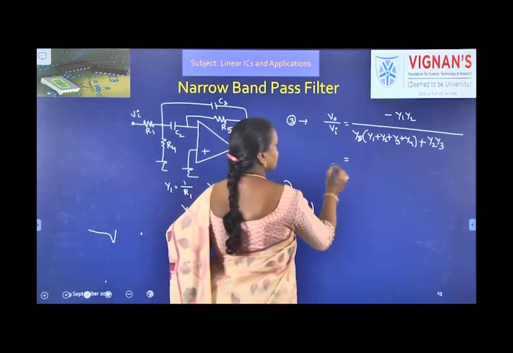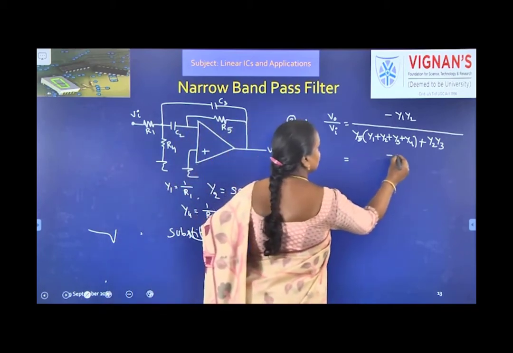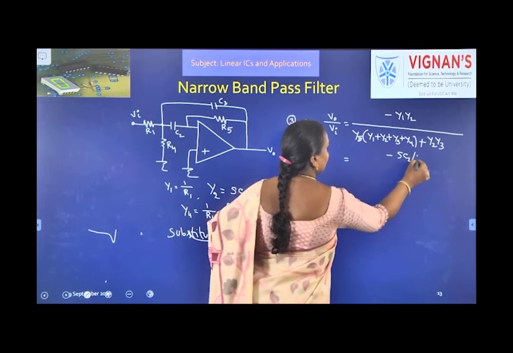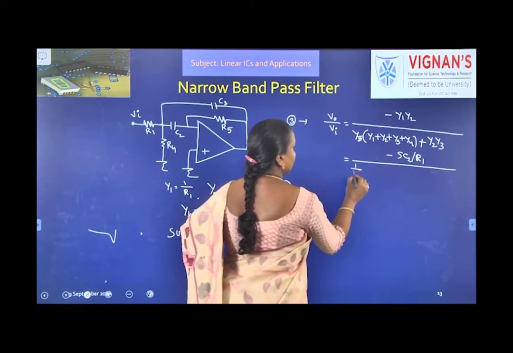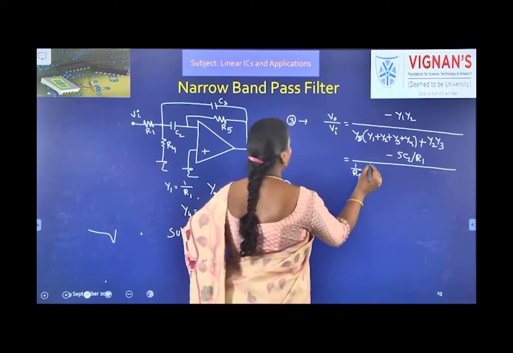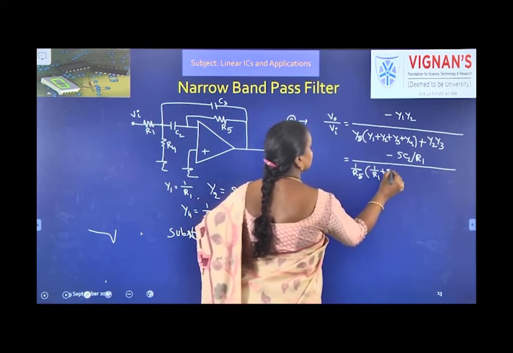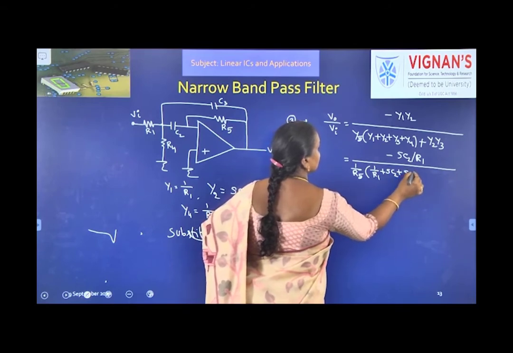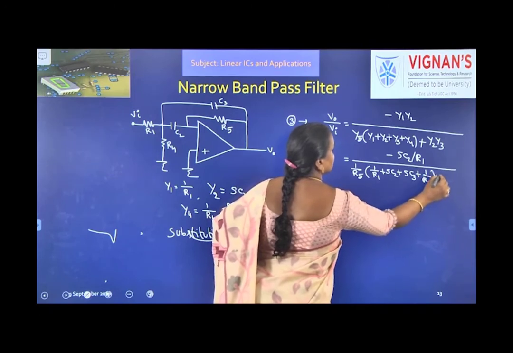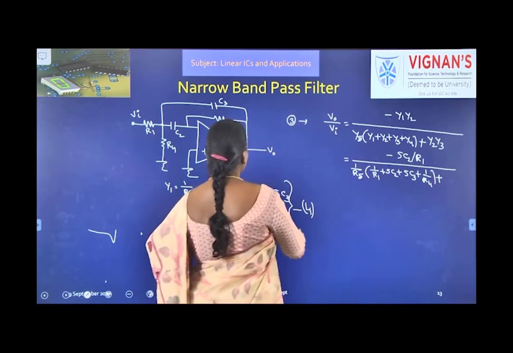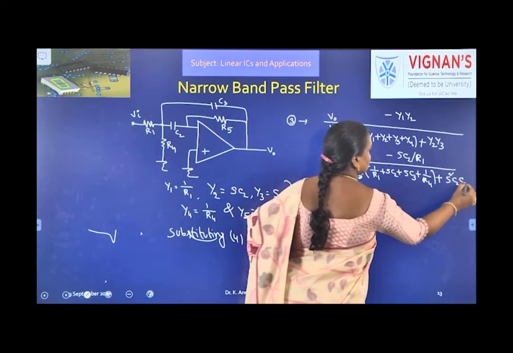So what will you get? Y1 Y2 means minus SC2 by R1. There is minus also, that is why minus SC2 by R1 by what is Y5? 1 by R5 into Y1 is 1 by R1 plus Y2 is SC2, Y3 is SC3, Y4 is 1 by R4, plus Y2 Y3, that is SC2 into SC3, that is S square C2 C3.